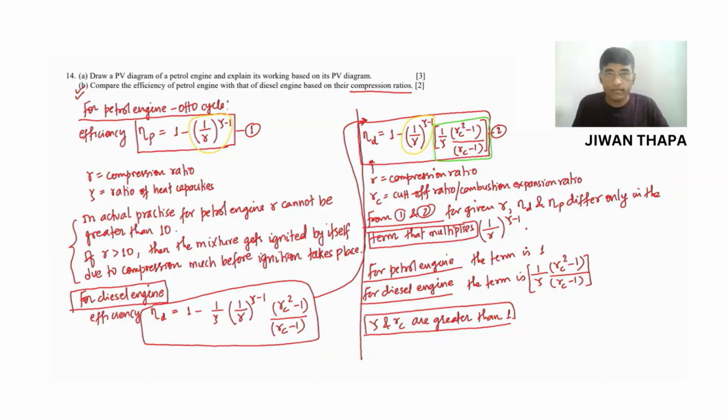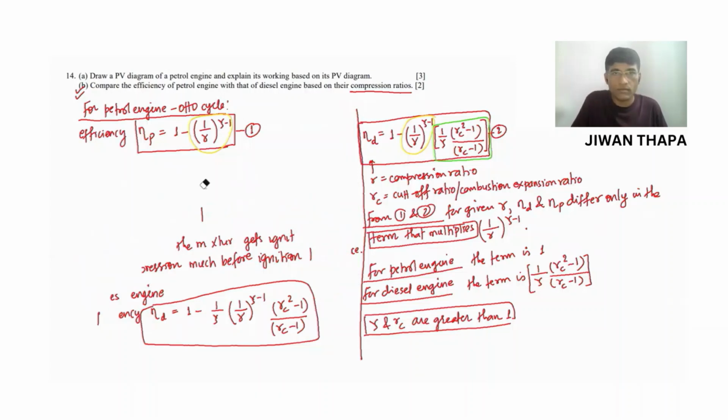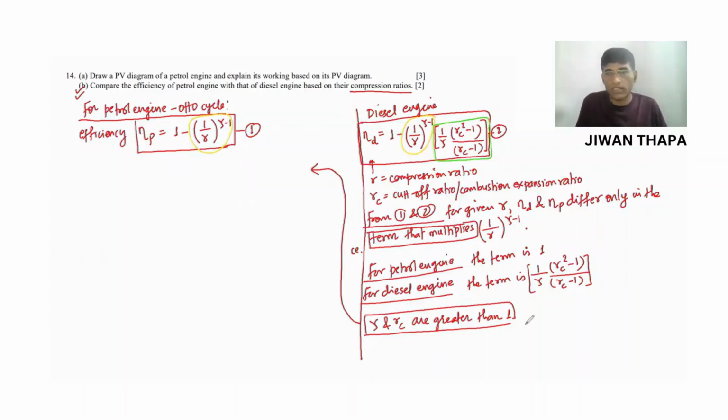Therefore, 1 by gamma times rc square minus 1 by rc minus 1 is greater than 1. So this is to be noted, it is greater than 1.